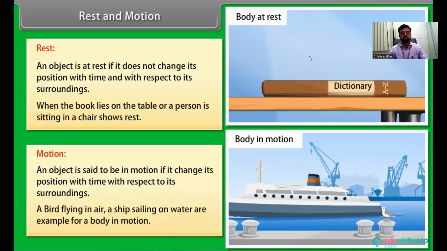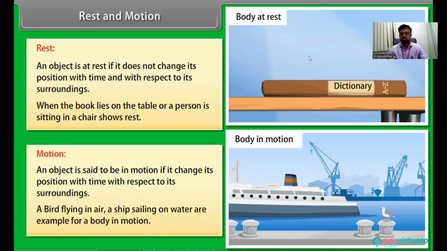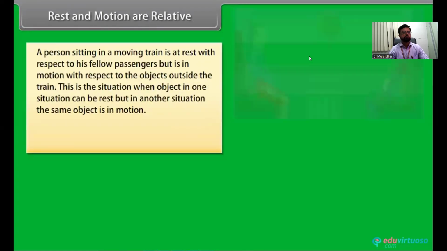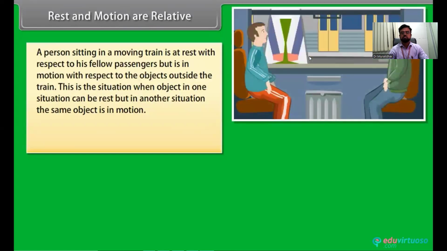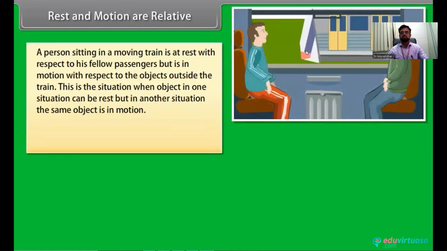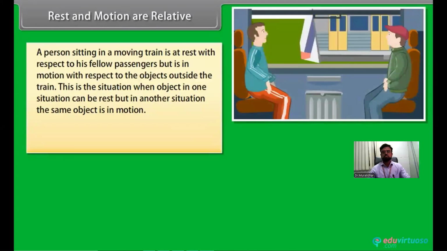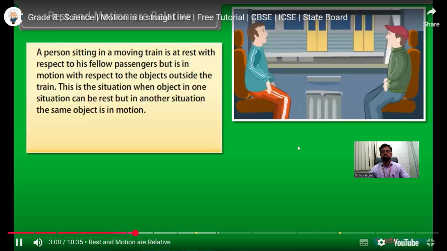A bird flying in air, a ship sailing on water are examples of a body in motion. Rest and motion are relative. A person sitting in a moving train is at rest with respect to his fellow passengers, but is in motion with respect to the objects outside the train.